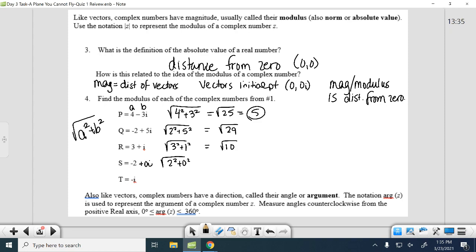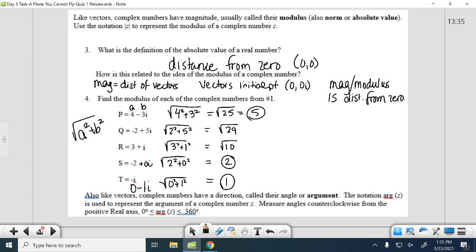So that's just the square root of 2 squared. Square root of 4 is just 2, like that one. And for our last one, we only have an imaginary, so it would be 0 minus 1i, if you'd like to see it written that way. So its modulus, or its R value, is going to be 0 squared plus 1 squared. Square root of 1 is just 1.